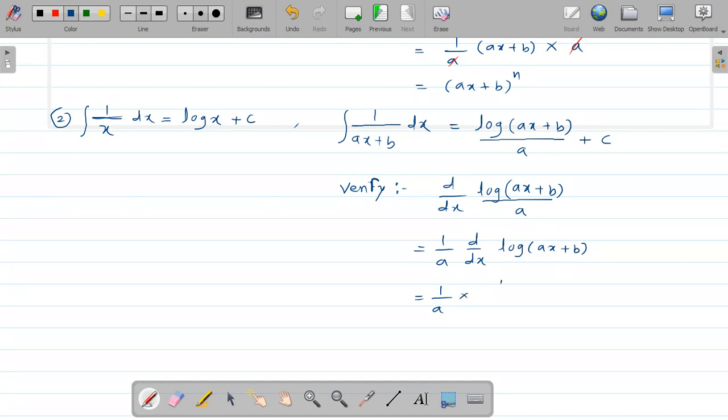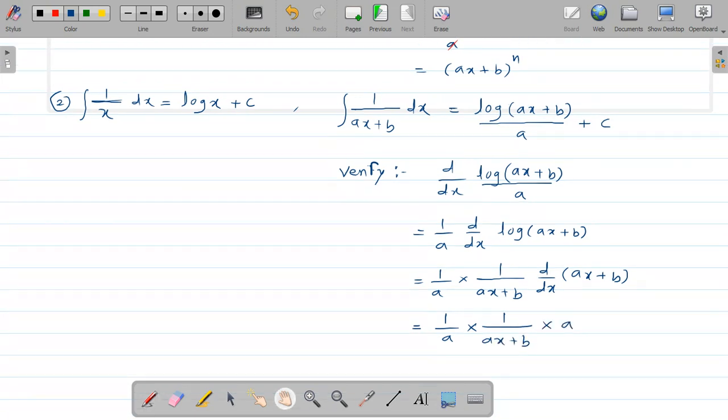Now you know how to get the derivative of log of ax plus b. It will be 1 upon ax plus b into, by chain rule, d by dx of ax plus b. Now d by dx of ax plus b is a. So this is 1 upon a into 1 upon ax plus b into a.